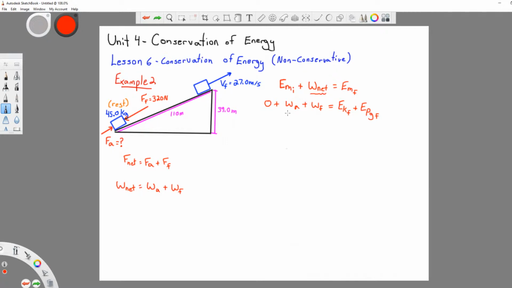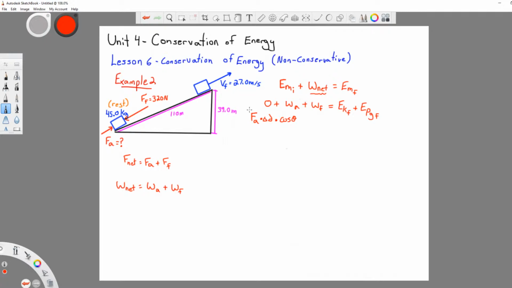Okay. So, the 0 I'm not going to rewrite, but the work done by the applied force, we'll say that work is equal to force, and this is the force applied, times distance, times cos theta. And this is a lot here.